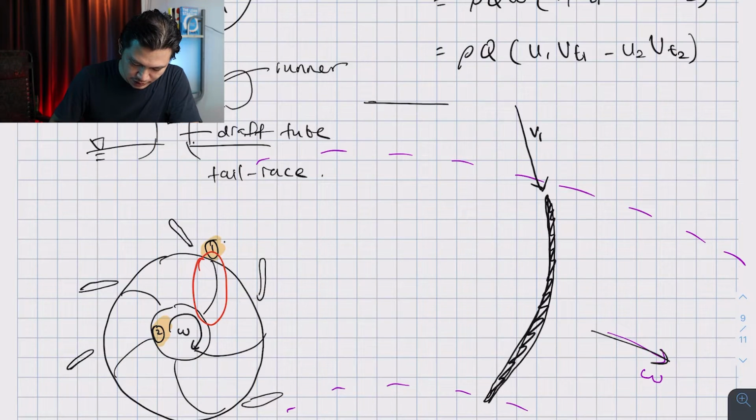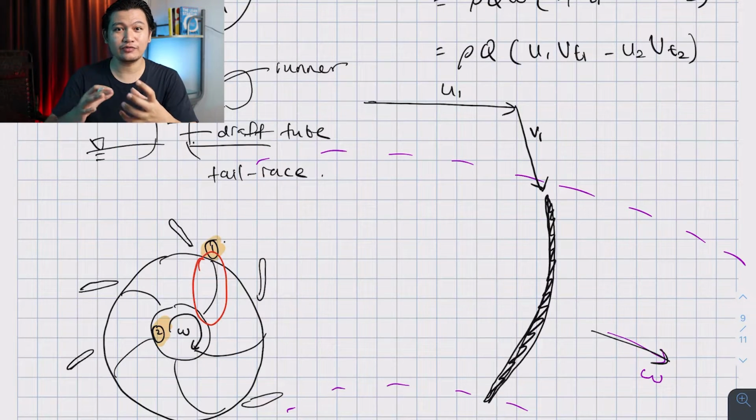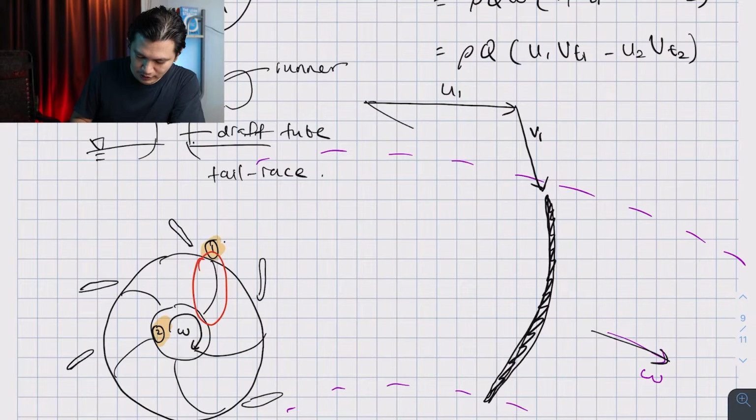So this is going to be my U. This is U1. Remember 1 is an inlet and 2 is an exit. This is just the reversal of the pump, but please don't get confused. Now, in terms of vectors, when you add the blade velocity with the relative velocity, what you have is the absolute velocity.